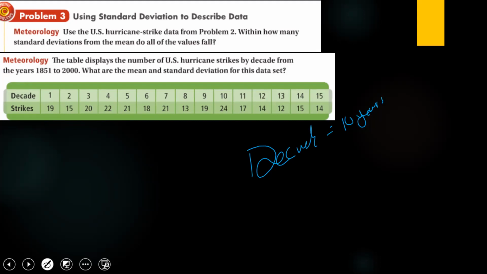In the first decade, we have 19. In the second, we have 15, 20, 22, 21, and so on. I want now to find the mean and the standard deviation for this data set, and after that, find within how many standard deviations from the mean all the values fall.